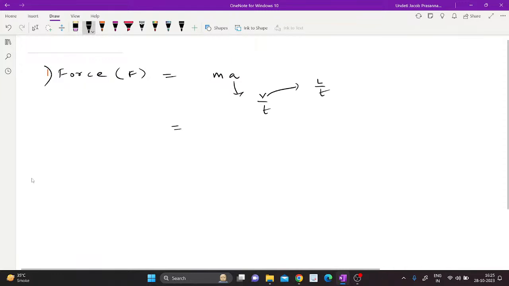So you get m v by t, which is m l by t square. Here m is mass, l is length, and t is time. So we derived force in terms of fundamental physical quantities.